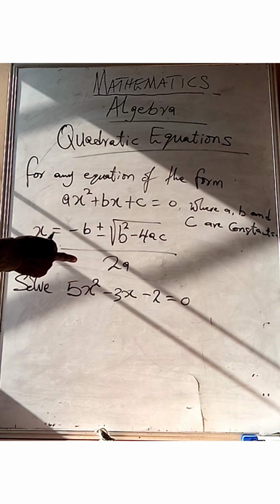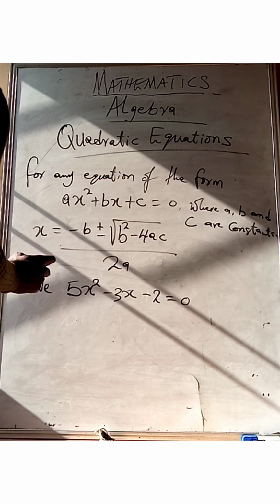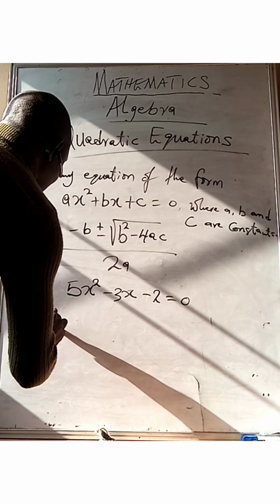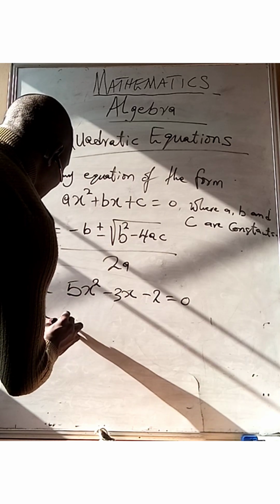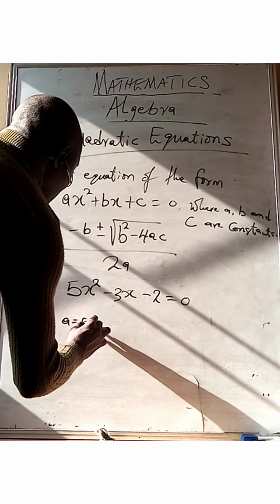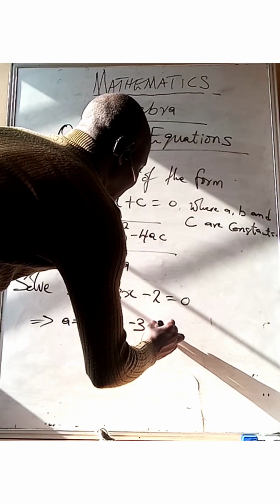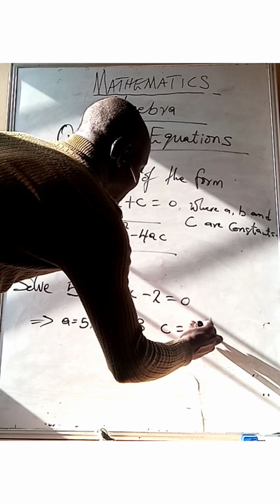This is factorizable. So what are we going to have? We will now have, it implies that a is equal to 5, b is equal to negative 3, not 3, and c is equal to negative 2.